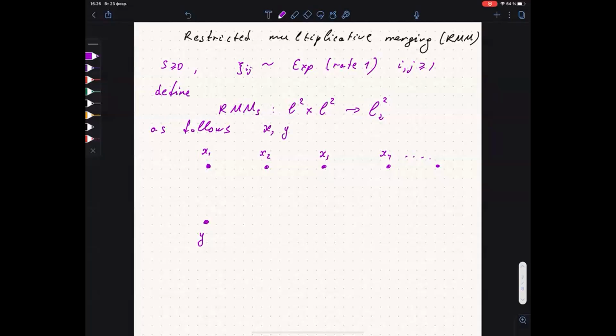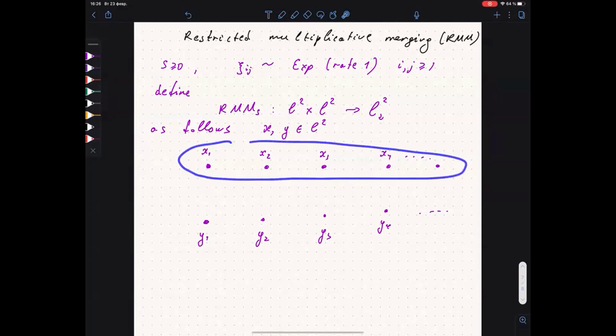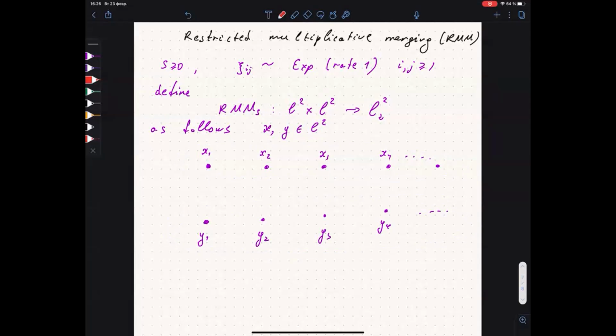I didn't say that x and y are from L2: y1, y2, y3, y4, and so on. And then we do the following. We draw an edge between vertices from one group and vertices from the other group if the following condition is satisfied.